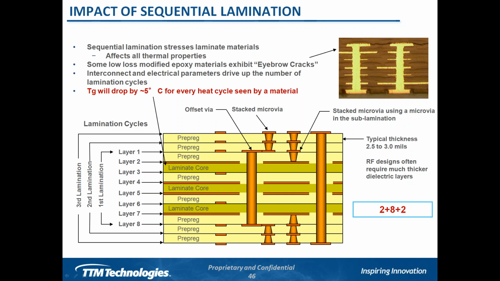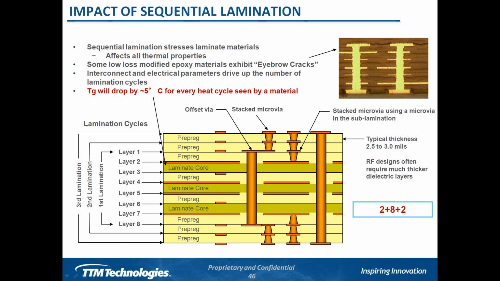And this is important when you get to multiple sequential laminations where you may have a core, especially a middle core, that's part of your first lamination cycle. If that core sees 3 or 4 additional heat cycles before we even ship it out for assembly, then that TG of that middle core may drop by as much as 20 degrees by the time it even gets to assembly.